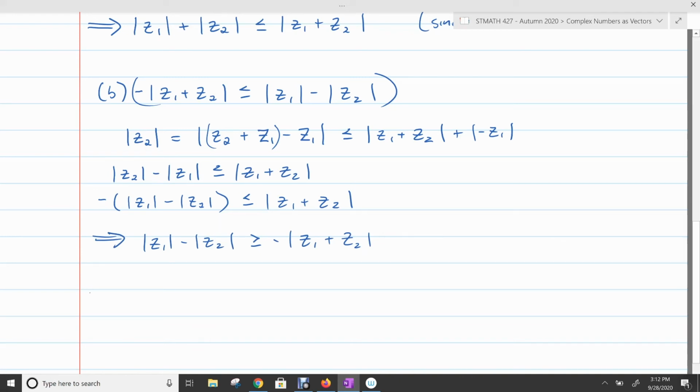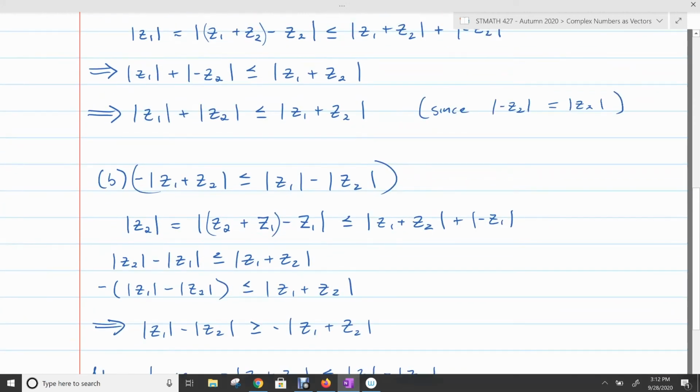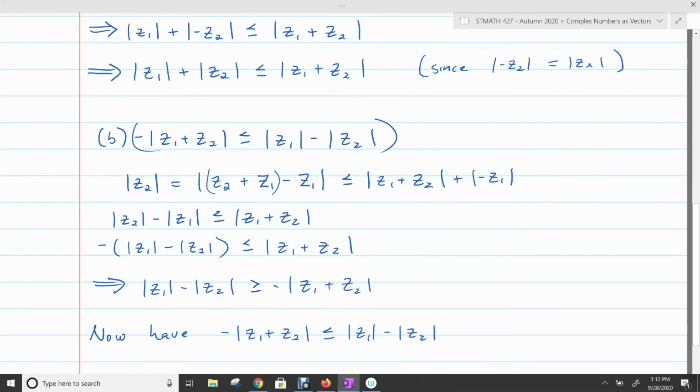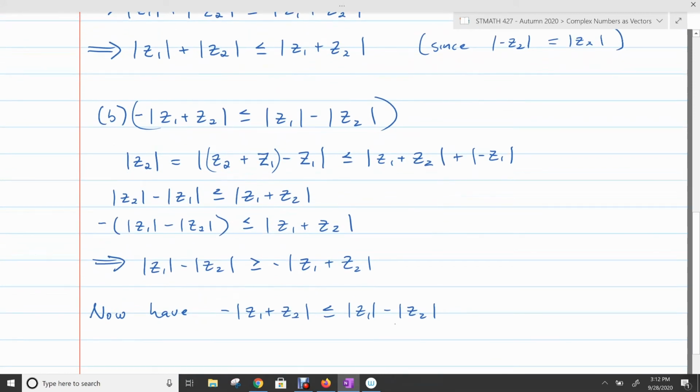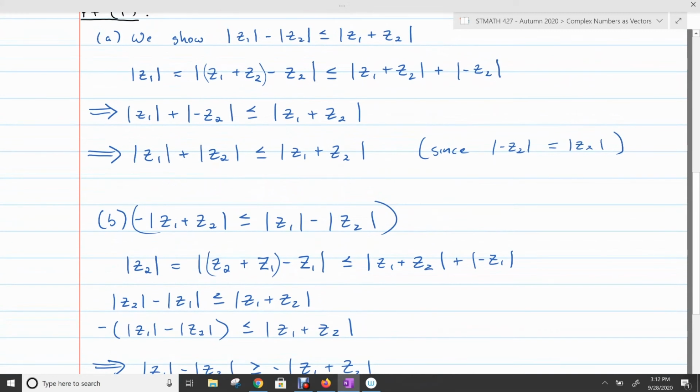So now we have this inequality that we just proved a second ago: negative modulus z1 plus z2 is less than or equal to modulus z1 minus z2. And then in part A, we proved that modulus z1 should be plus, there's a sign here somewhere. Oh yeah, it should have been a minus up here.